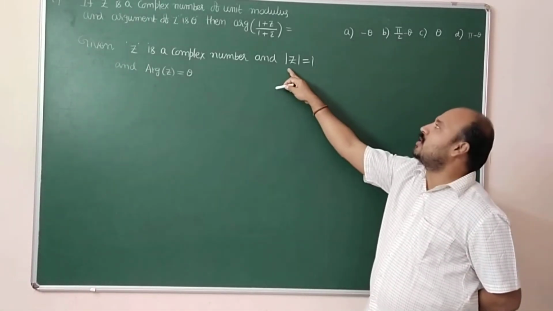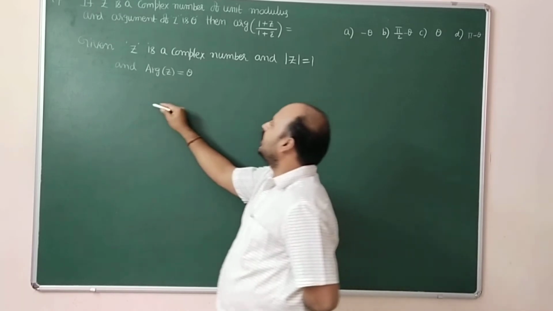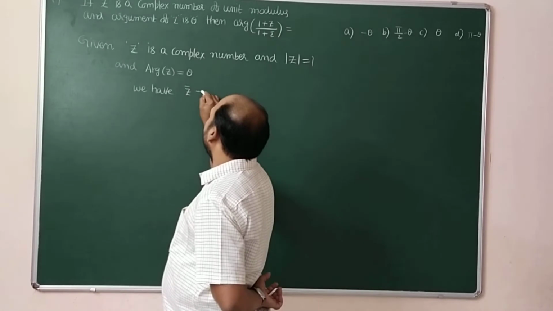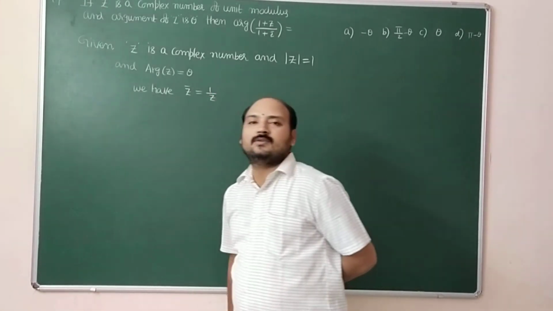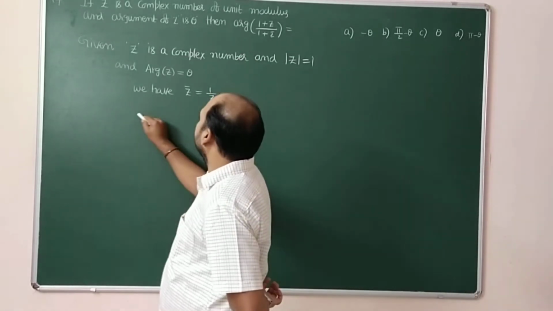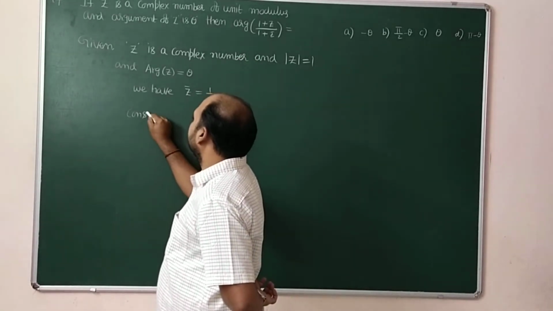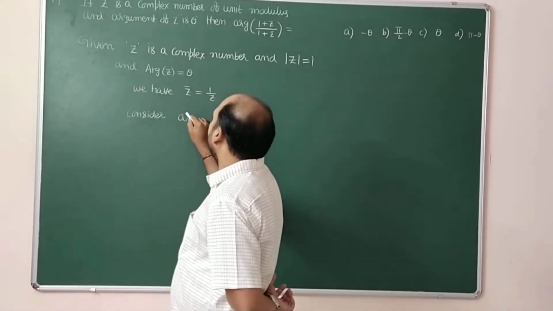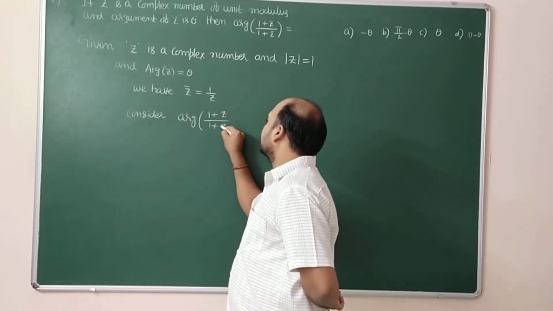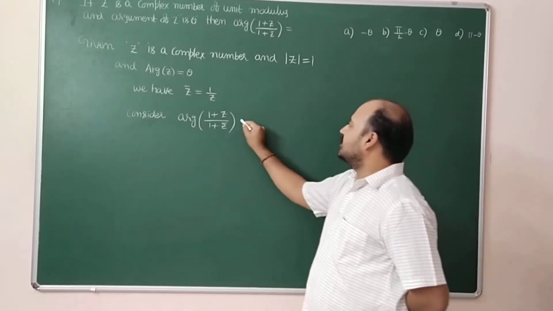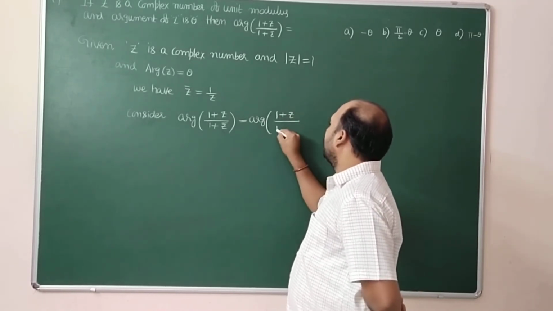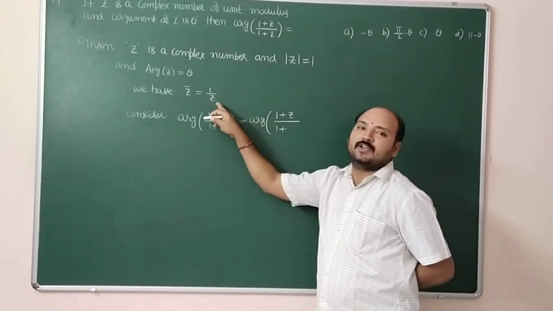Also, whenever mod z is equal to 1, then we have z bar is equal to 1 by z. So now consider argument of 1 plus z divided by 1 plus z bar, which is equal to argument of 1 plus z divided by 1 plus 1 by z.